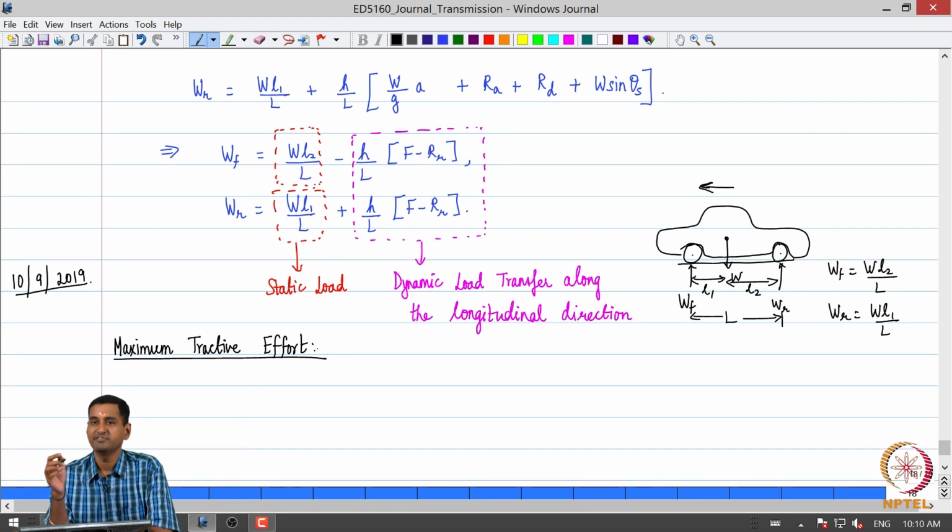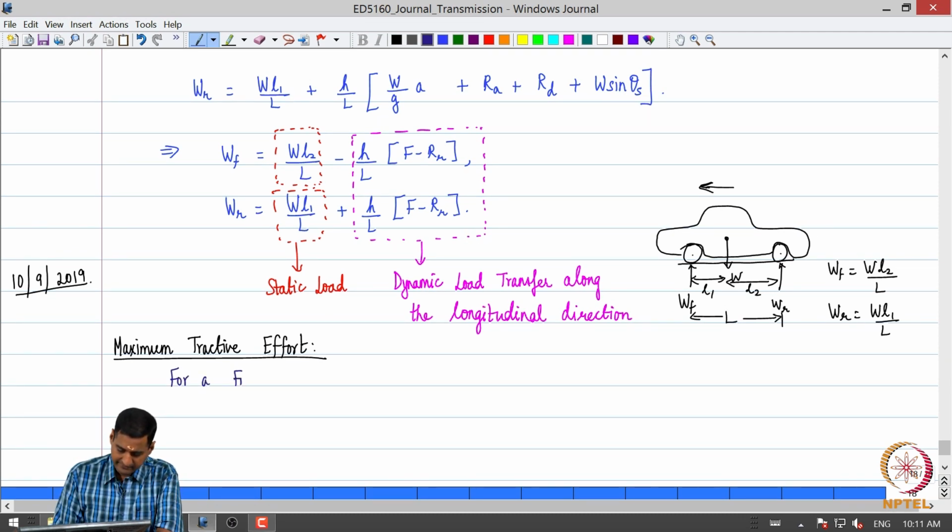Okay. So typically if you look at most vehicles, either the front wheels or the rear wheels are driven. Some vehicles, all the wheels are driven. Okay. So let us look at front wheel drive and rear wheel drive. Okay. So for a front wheel drive, like in most passenger cars today, the maximum tractive effort.